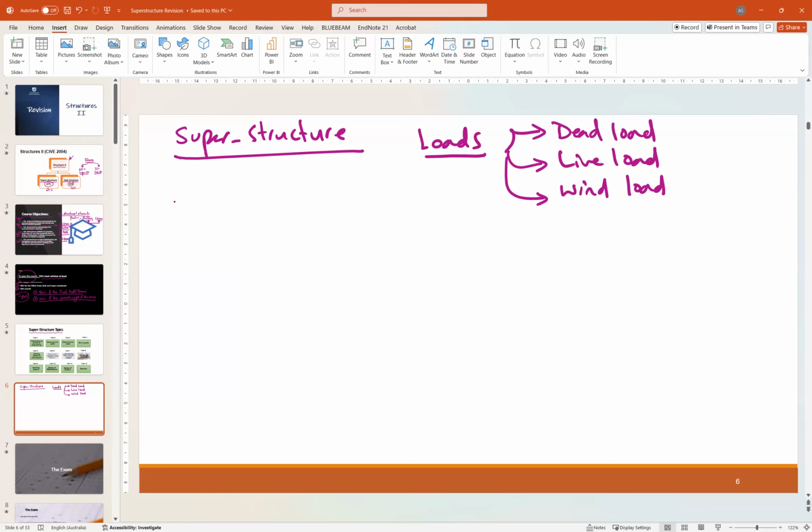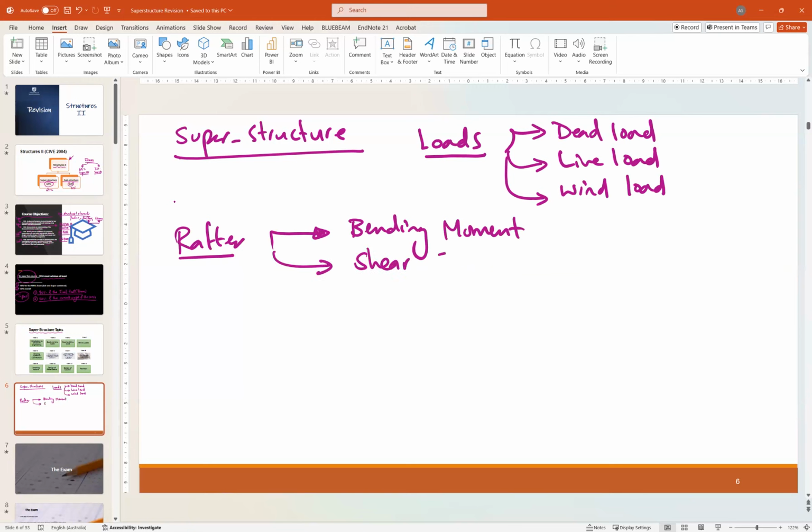Okay, and for the rafter, we may already have the loads ready. So we need bending moment and shear force diagrams, and we have the deflections.